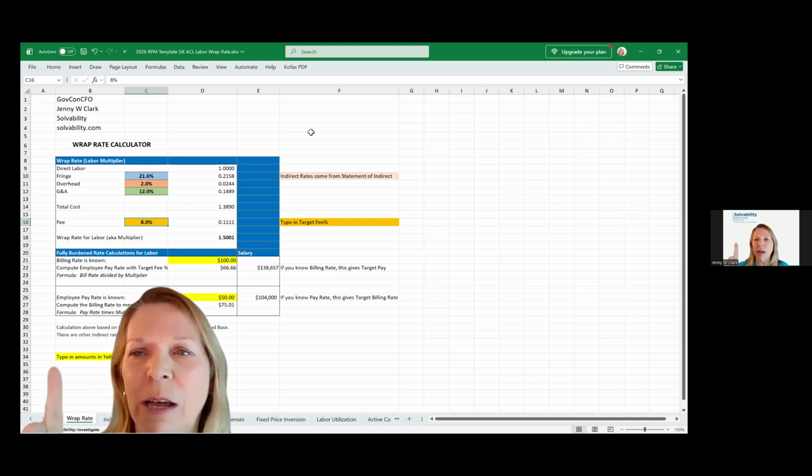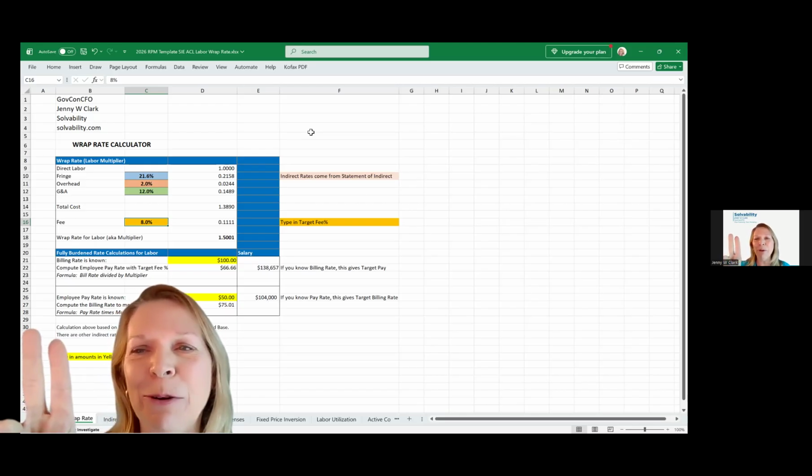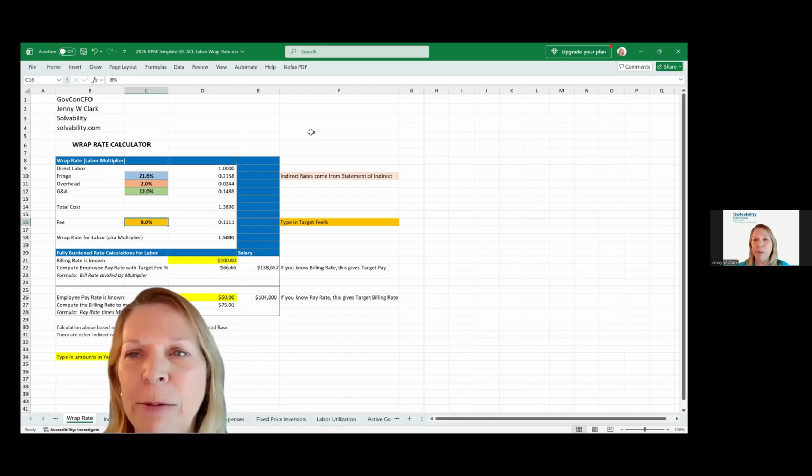So G&A goes on top of direct labor, fringe, and overhead. All three of those elements get G&A percentage applied. Then we get what's called total cost, and we apply fee on top of total cost. And that's going to give us what I call a wrap rate or a multiplier.